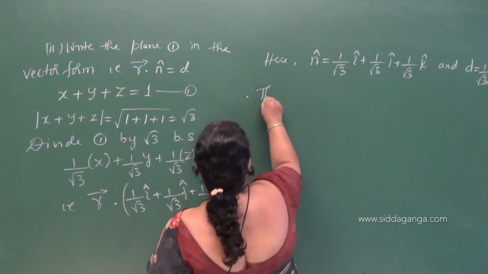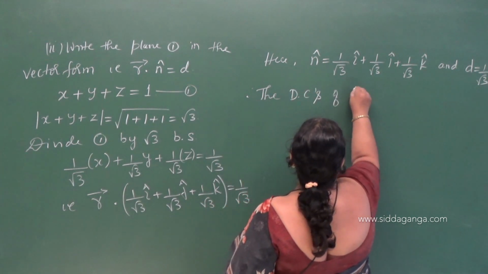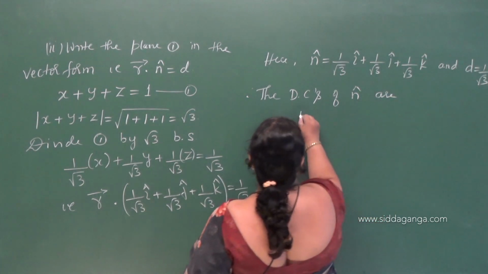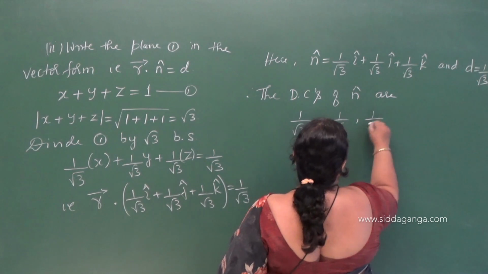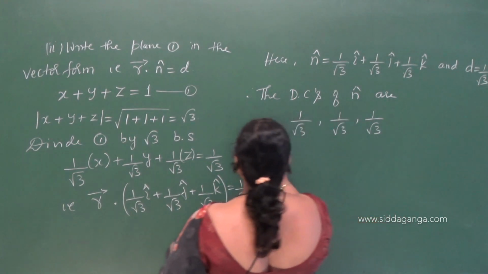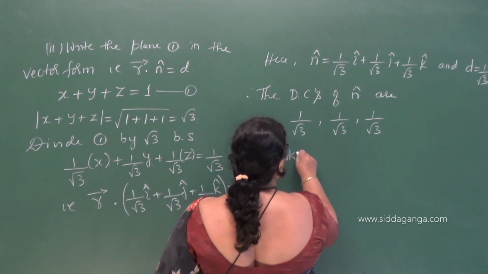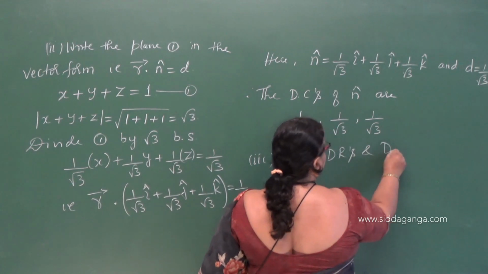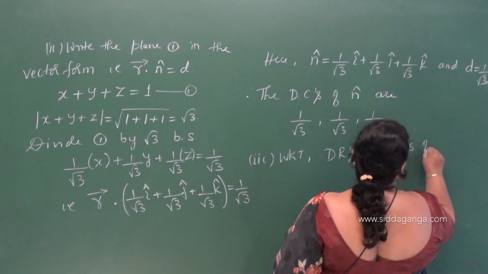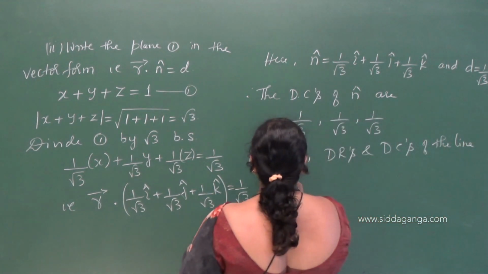Therefore, the direction cosines of n cap are 1 by root 3, comma 1 by root 3, comma 1 by root 3. So what do we do in the third step? We know that direction ratios and direction cosines of the line are proportional.